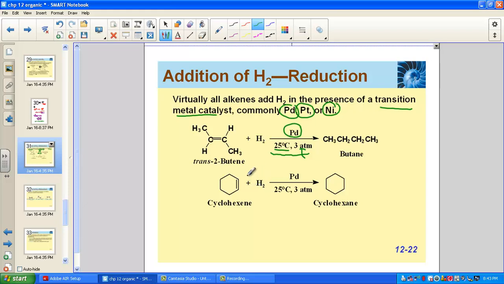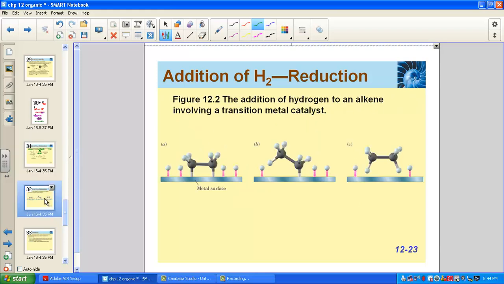In a hydrogenation, we add a hydrogen to each of the carbons that contains the double bond. Trans-2-butene becomes a straight chain of butane. Cyclohexene becomes cyclohexane. This is the addition of hydrogen to an alkene involving the transition metal catalyst.